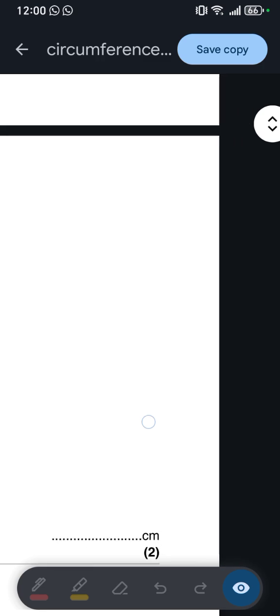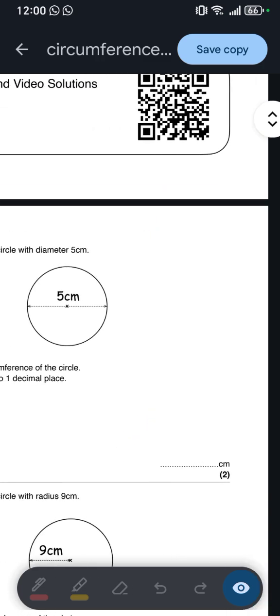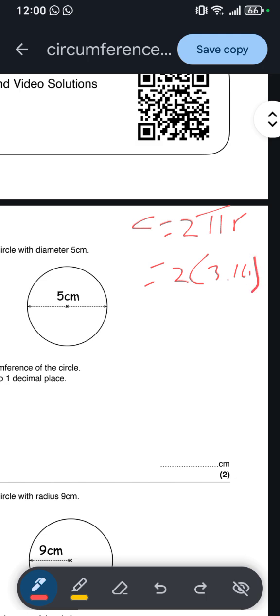So guys, there's no room here, so do not write just like me because the room is too small. So 3.14 bracket 5. I think we did this one in the first question, right?